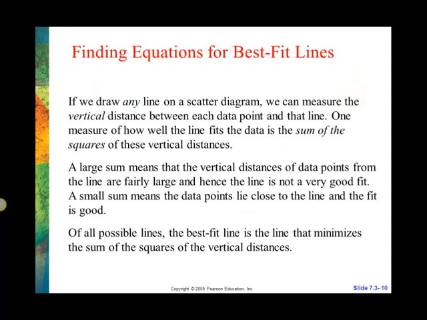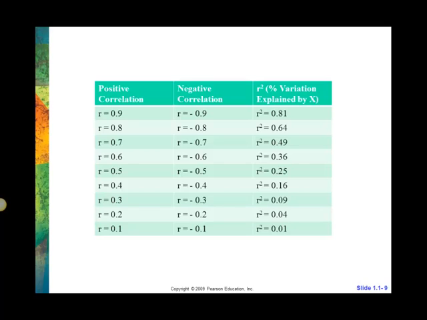If I have a correlation coefficient of 0.9 or negative 0.9, that says that x basically explains 81% of the variation in y. So yes, we're going to be off, but most of it is explained by x.